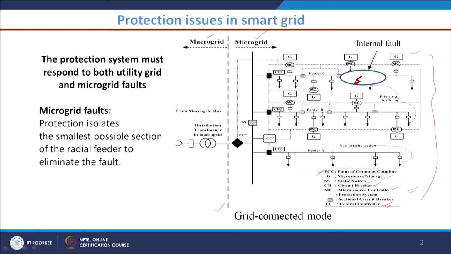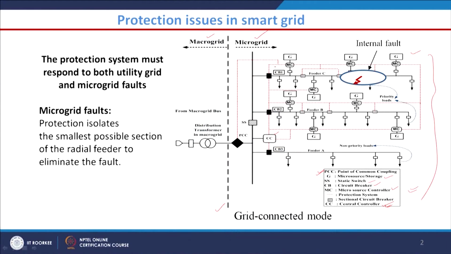If you can see, the CC is present here, and the red dotted lines are the information coming from the protection infrastructure. This protection infrastructure is connected to all parts of the network. This MC is the micro source controller.